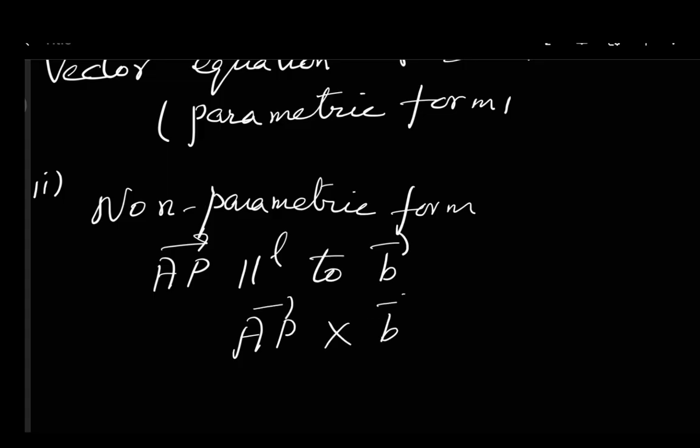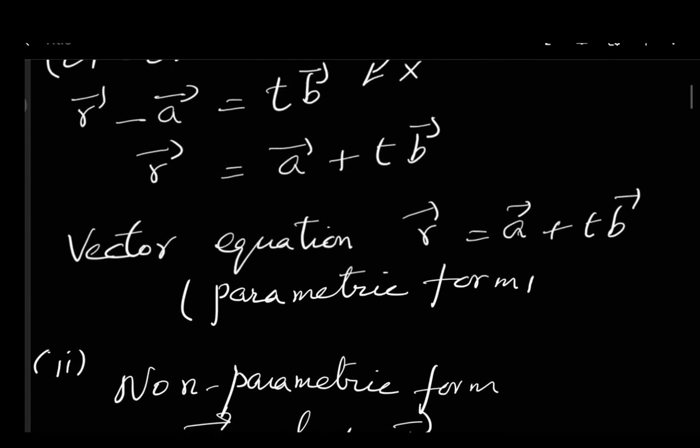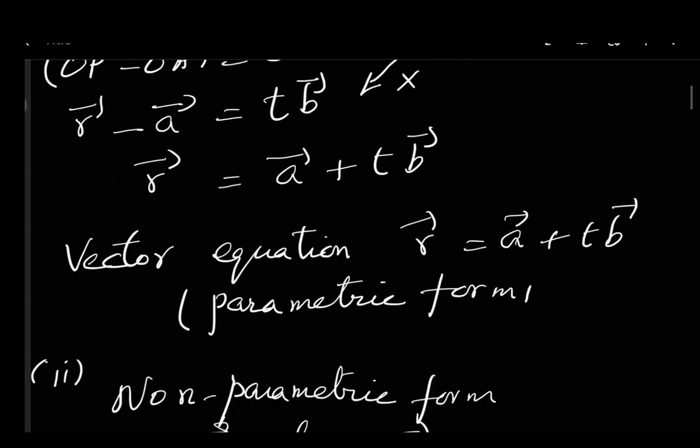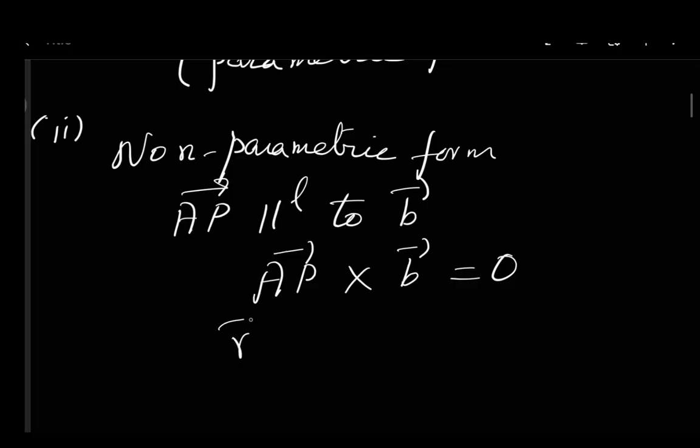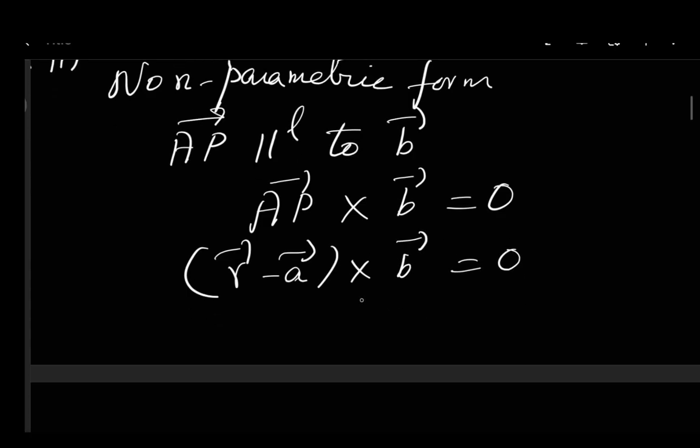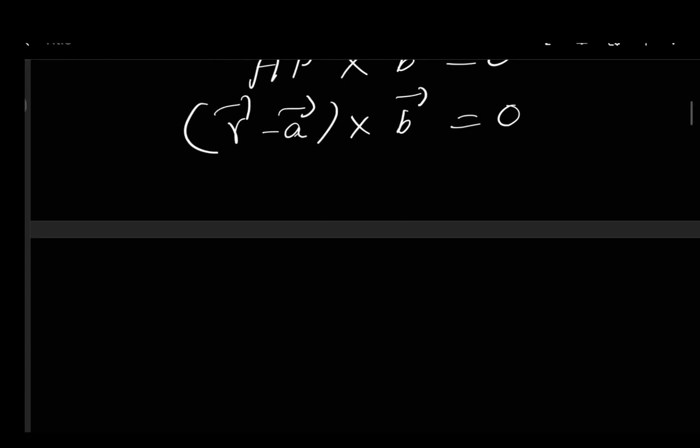AP is equal to vector R minus A. So R minus vector A cross vector B is equal to 0. This is the non-parametric form, where we are representing the equation in cross product.